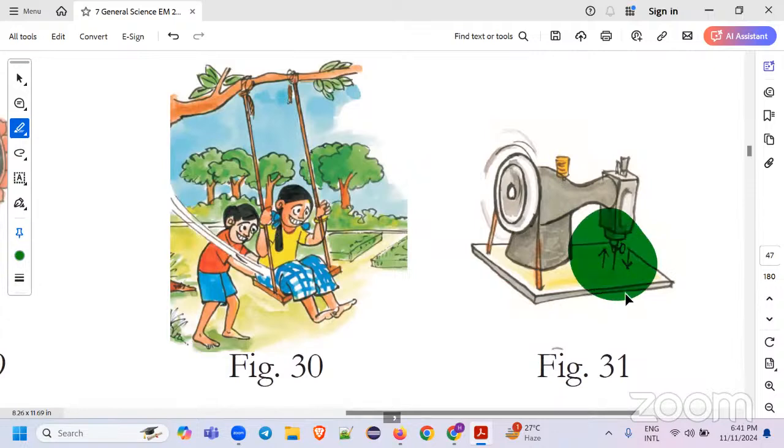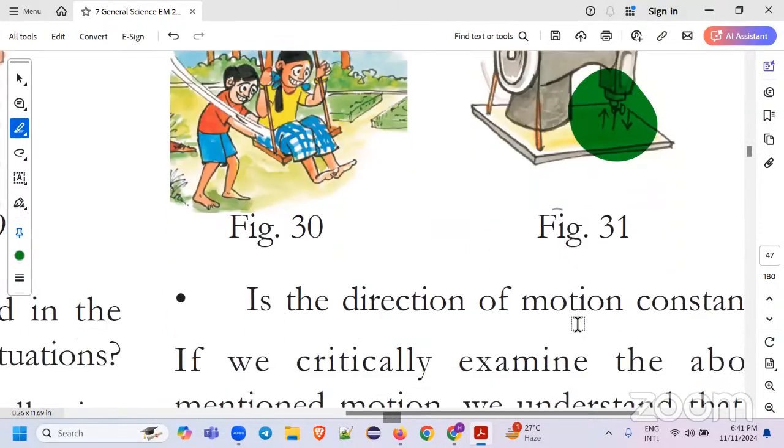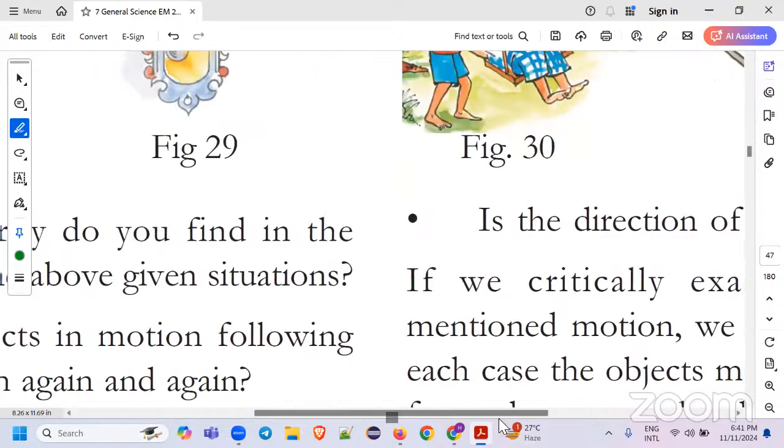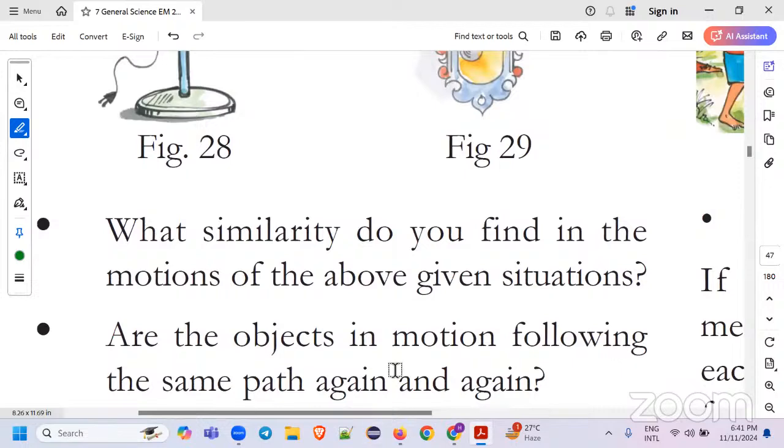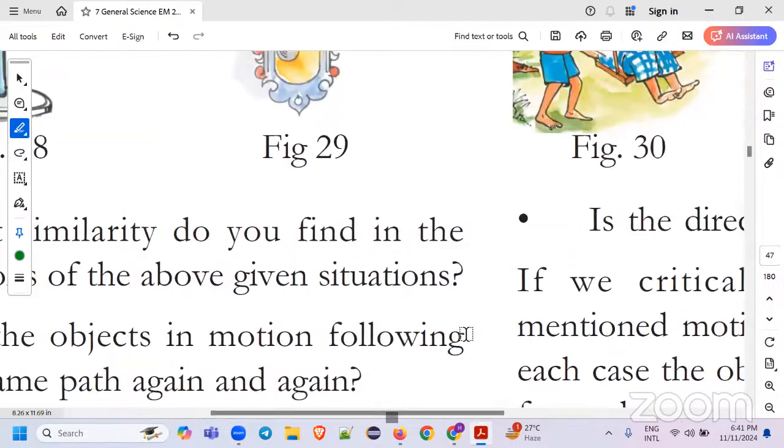It also moves up and down along a mean position. This also has oscillatory motion. These are the examples for oscillatory motion.